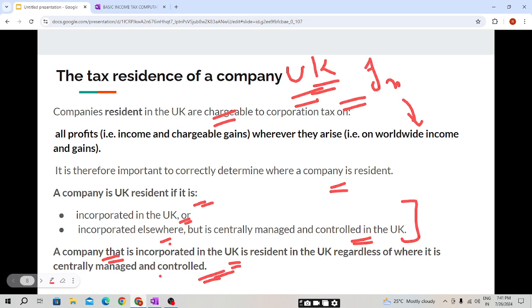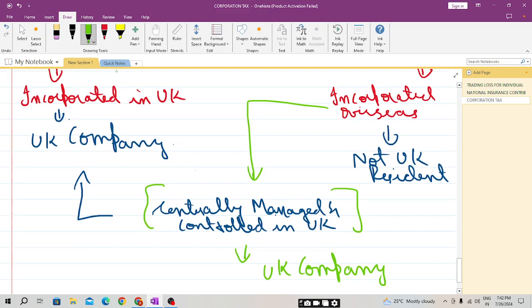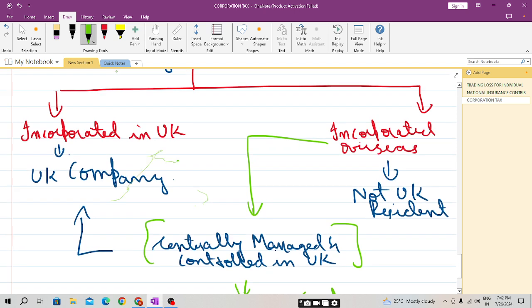As we have already seen, a company that is incorporated in UK is resident in UK regardless of where it is centrally managed and controlled. So students, I hope this is clear. If it is incorporated in UK, then UK company.